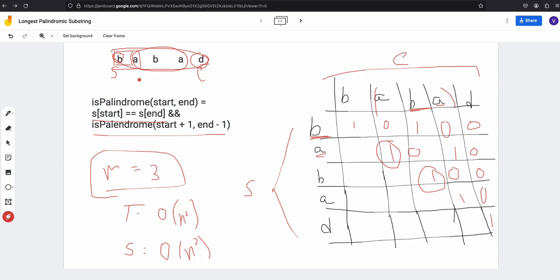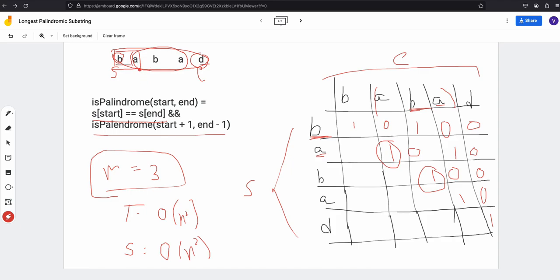How about if we consider each character as a middle point and expand towards right and expand towards left. Think like this: I'm considering this B as a middle point now, and I expand towards right and left.